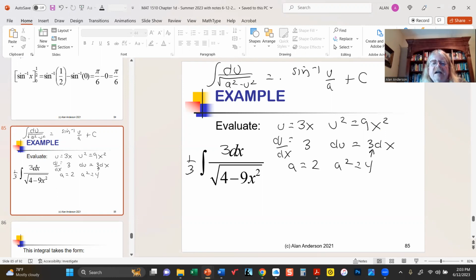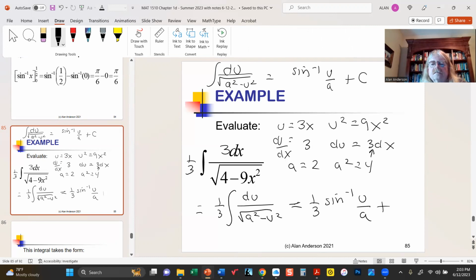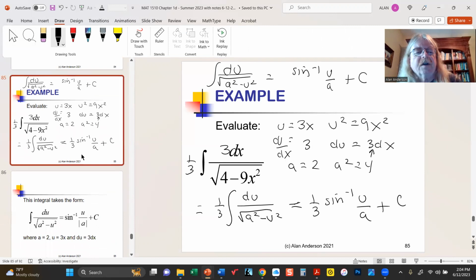And now it appears that we have what we're looking for, because the numerator is du. The denominator is radical a squared minus u squared. Ah, so that's pretty straightforward.